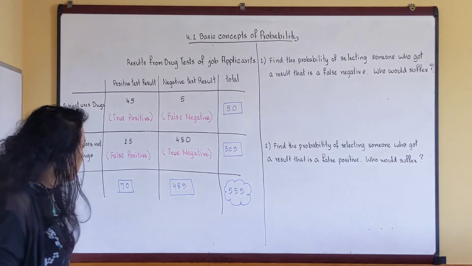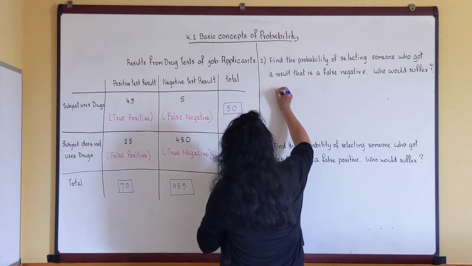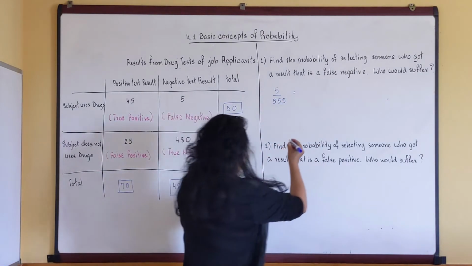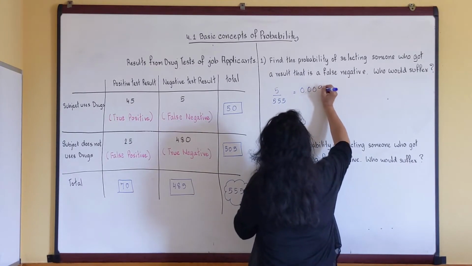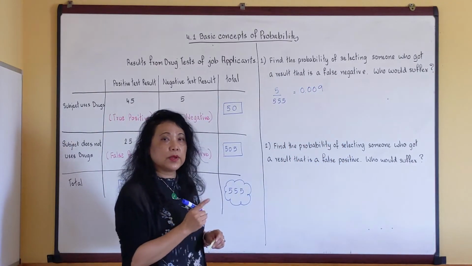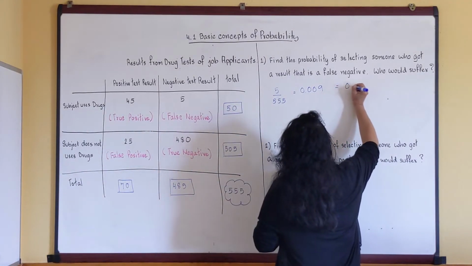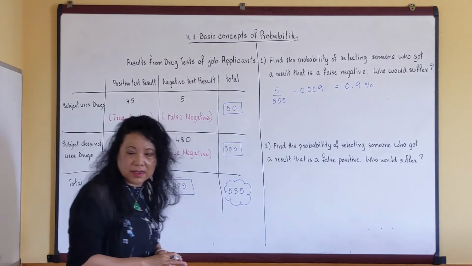So 5 out of 555. If you convert this to decimal, it's going to be 0.009, all right? Or if you convert to a percent, it's going to be 0.9%, which is less than 1%.